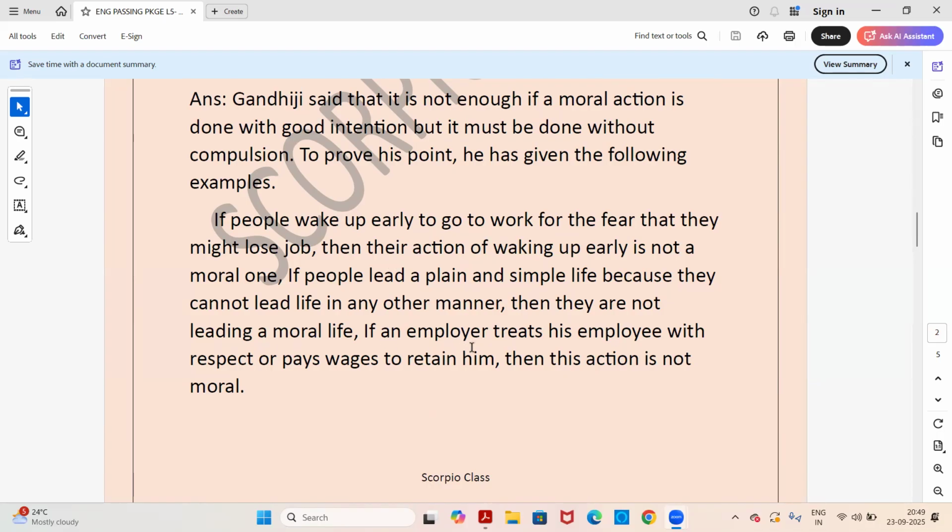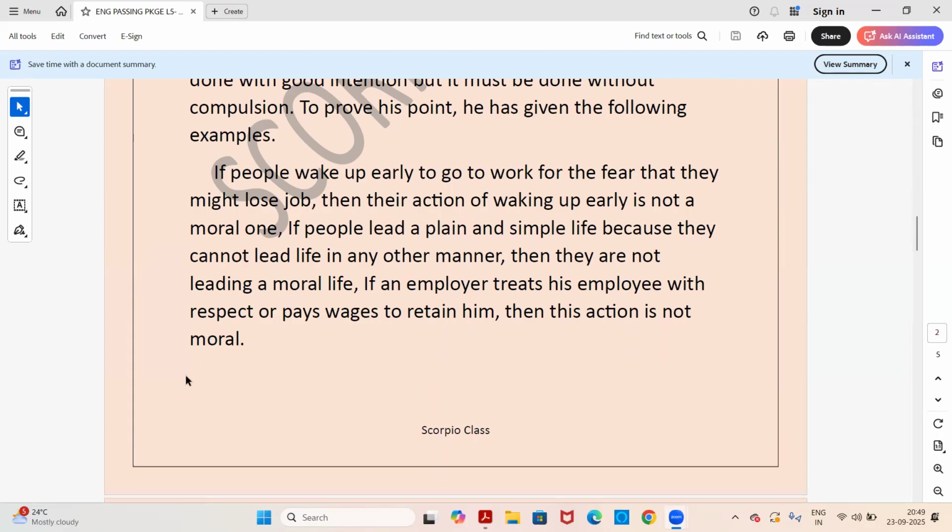If an employer treats his employee with respect or pays wages to retain him, then this action is not moral. Okay, so they are forced, there's a compulsion, so this cannot be a moral life. So these are the examples. So this is very beautifully mentioned in the chapter.